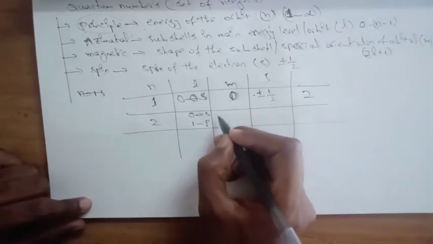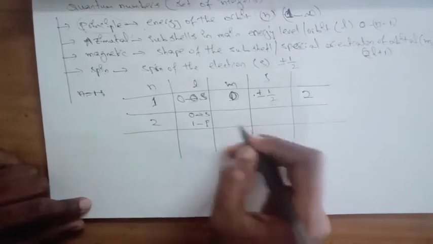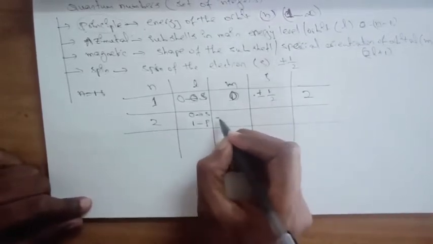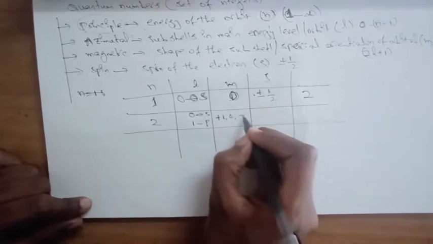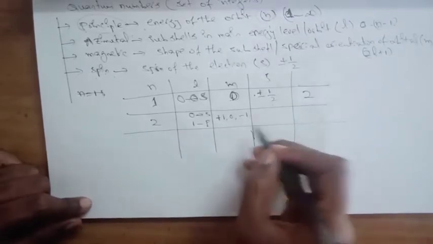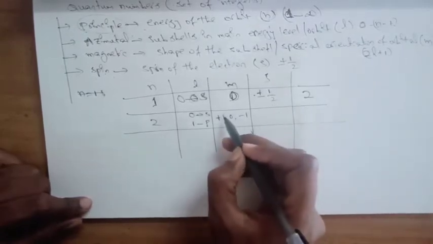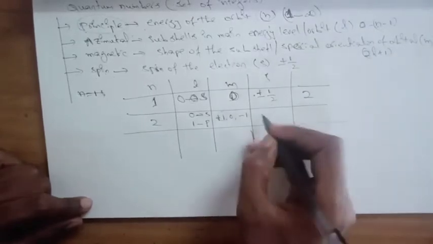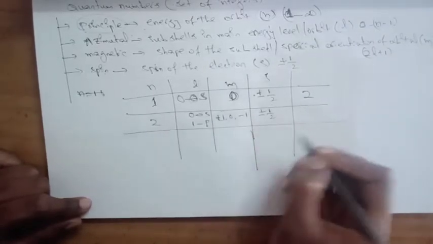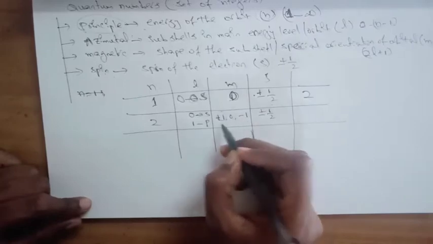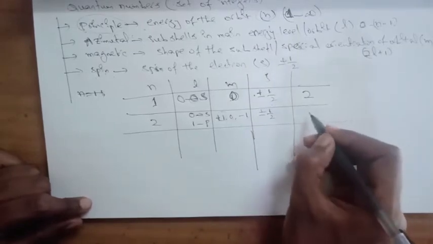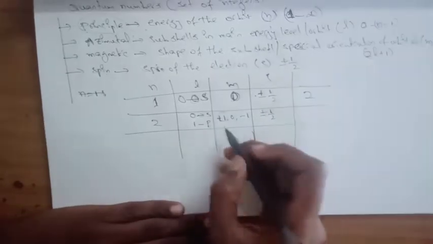So 3 possible orbital orientations are available in this energy level: plus 1, 0, and minus 1. For one orbital there are 2 possible electrons with plus and minus 1 by 2, and with 3 orbitals present, we get a total of 6, but it's not the case.